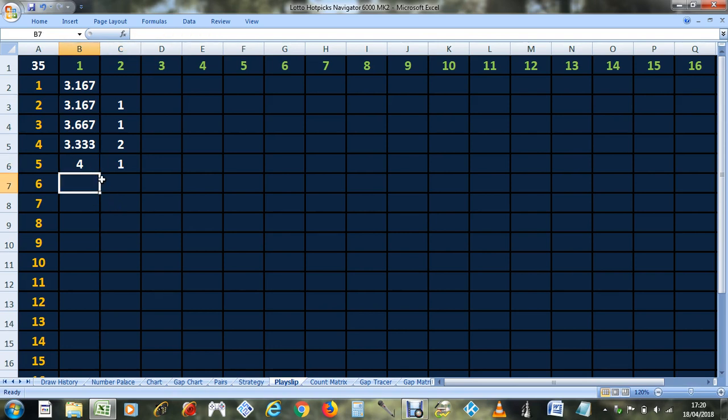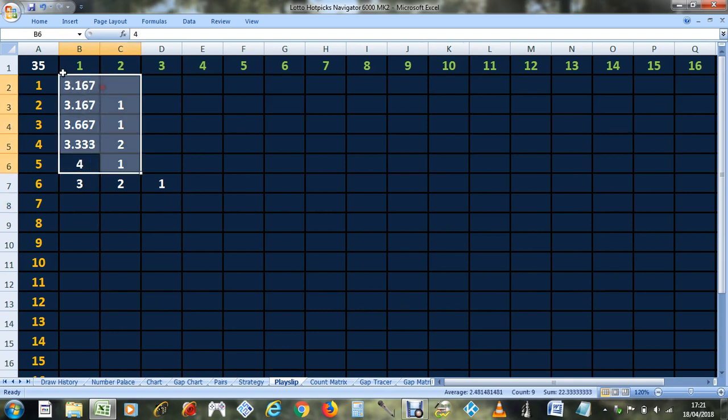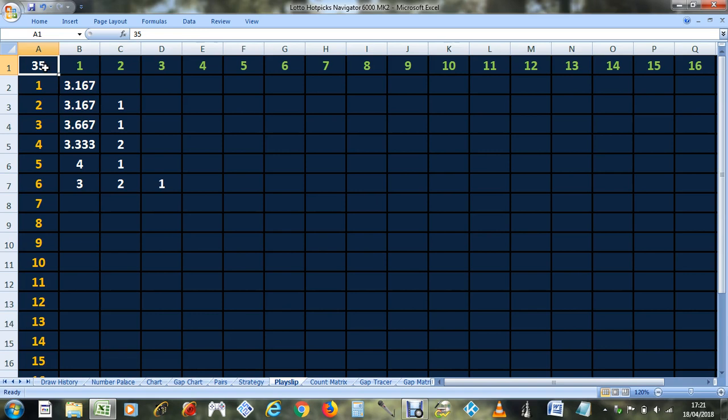And then for draw number 6, well, we've now got 7. I mean, 5 in this square. So by the time we get to here, it's going to be 1 number there. Most probably 2 numbers there. 3 numbers there. And then all these will decrease again. So you can see it's gradually spreading out.